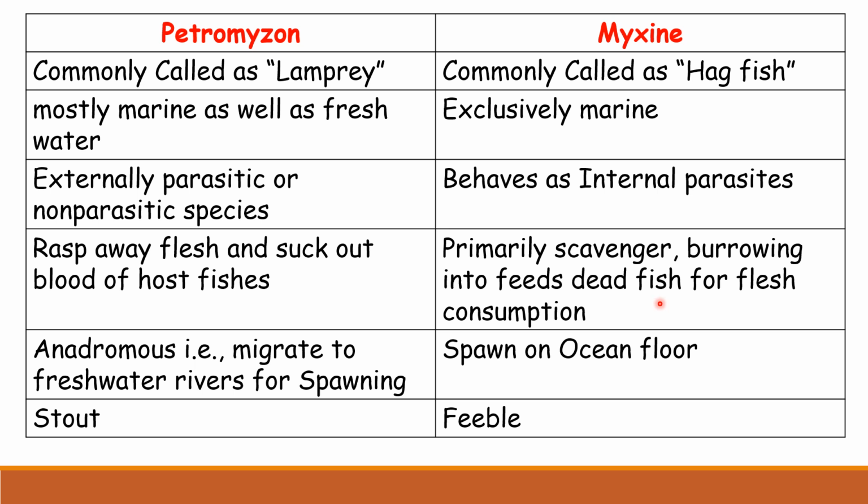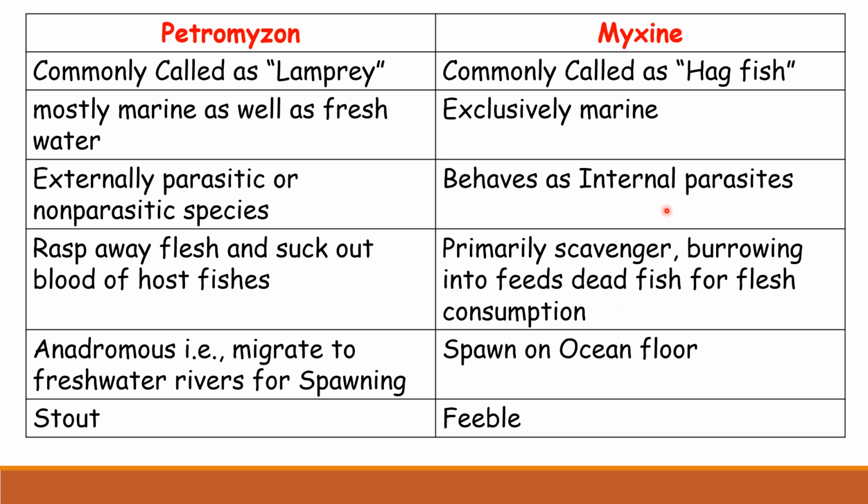Once a dead fish is found, with the help of the suctorial circular mouth, they start burrowing into the fish's body, enter inside, and start consuming the flesh of the dead fish.